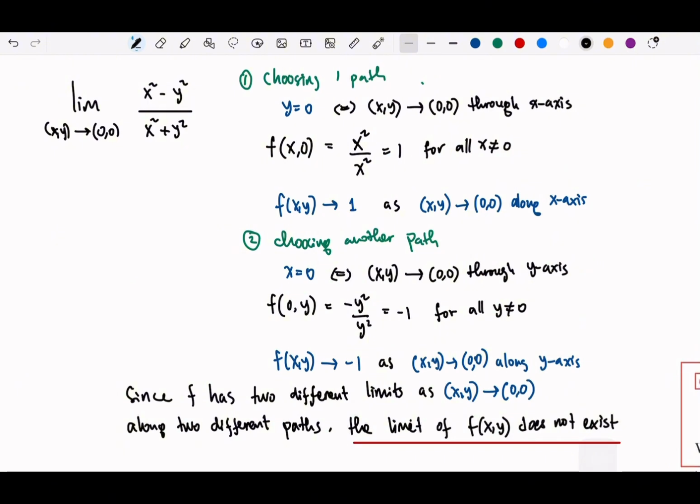Maybe if we substitute different y and x, we can solve algebraically and give some value at some point. This is not about proving the limit exists; this is proving the limit does not exist. So we need to find whether they have different values.